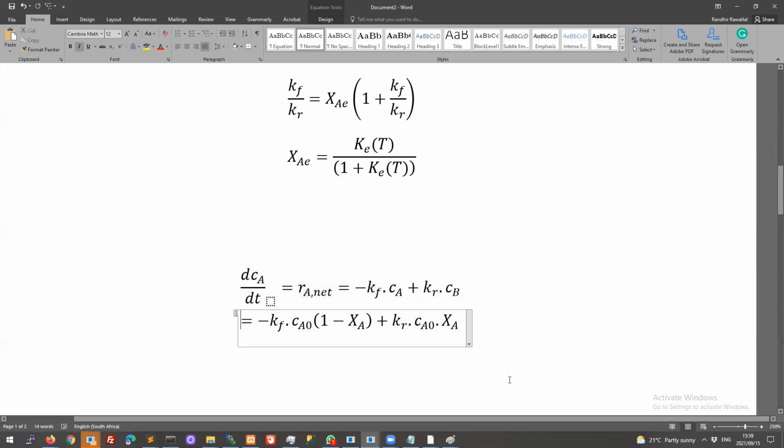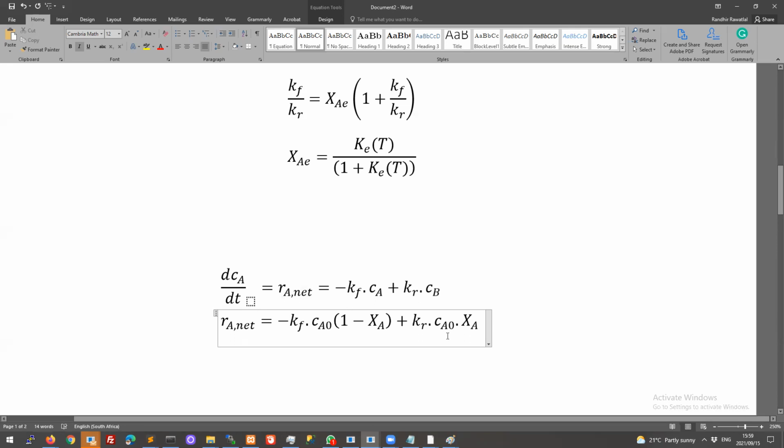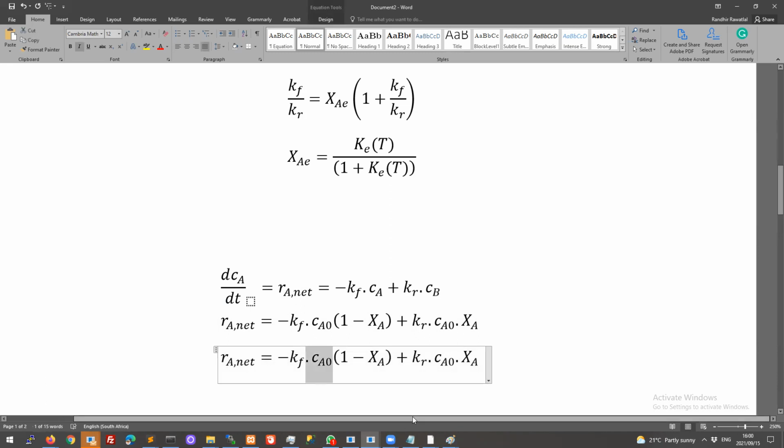We can do the same as before, and we can group out for XA, so we can rewrite this. Let's take this term across here, so we can say plus this thing on this side. We can forget about this 1. Now we've got XA, and we can group out the XAs here, and we can group out CA naught.